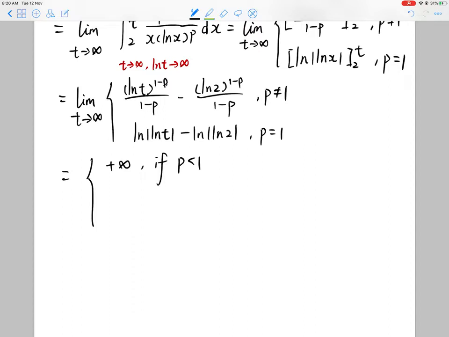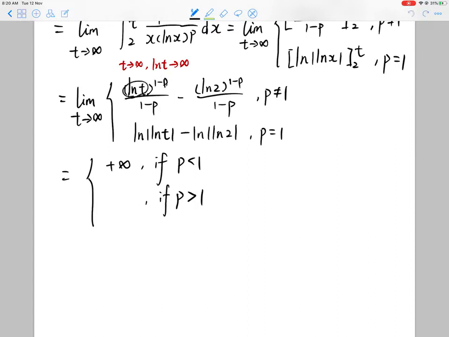And when p is greater than 1, this thing is negative.